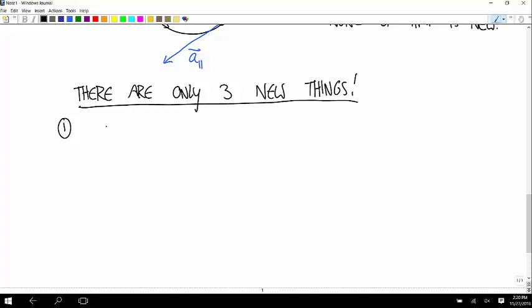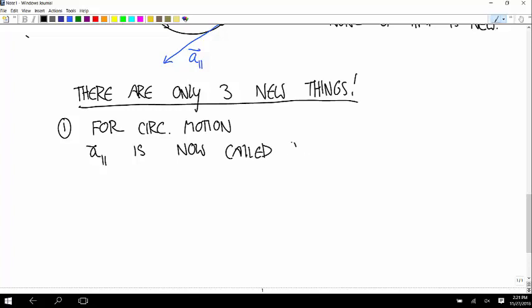So for circular motion, what we used to call a parallel is now called the tangential acceleration. And I'll denote it a tan.